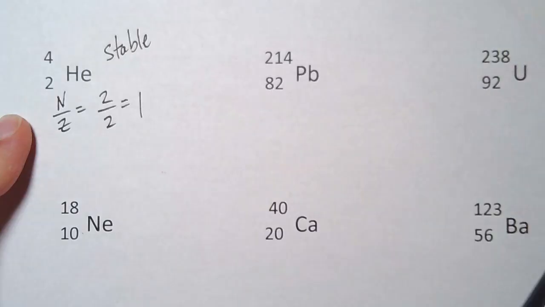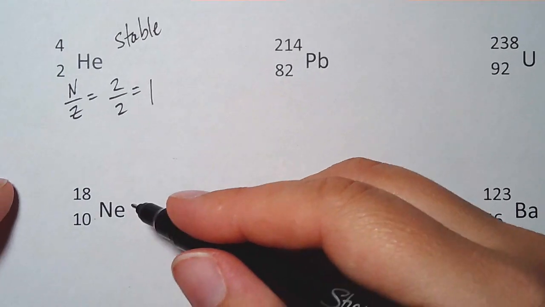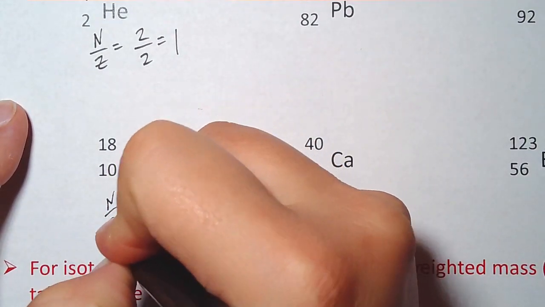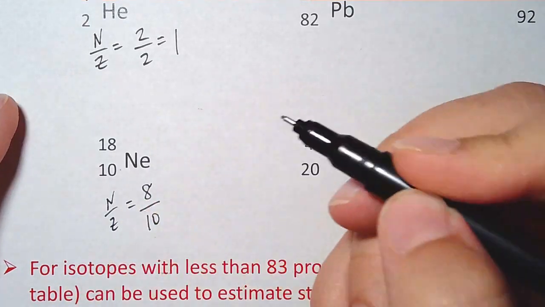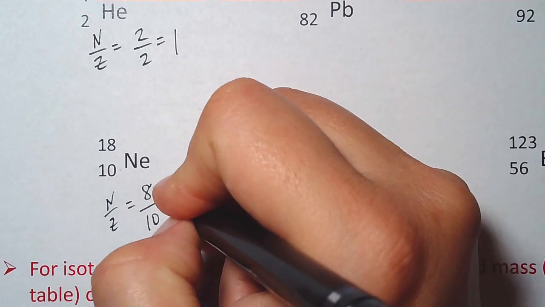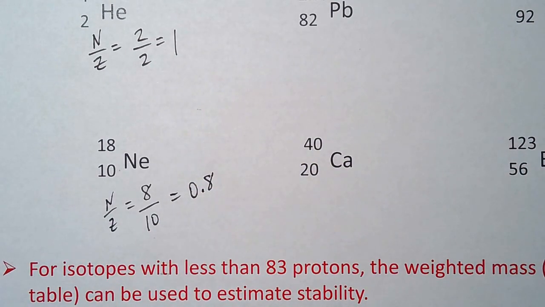Okay, let's look at neon. Not too large. NZ ratio, we have 8 neutrons to 10 protons. So our NZ ratio is 0.8. Okay, less than 1. So remember, the first part of the band of stability says that our NZ ratio should be 1 for these small isotopes.